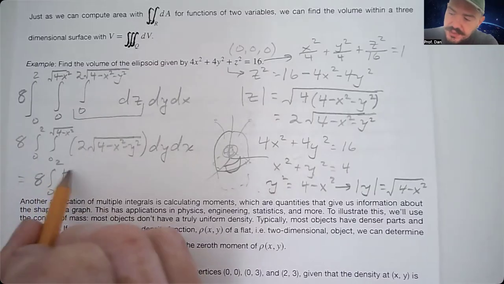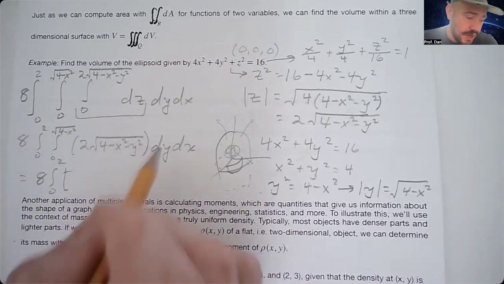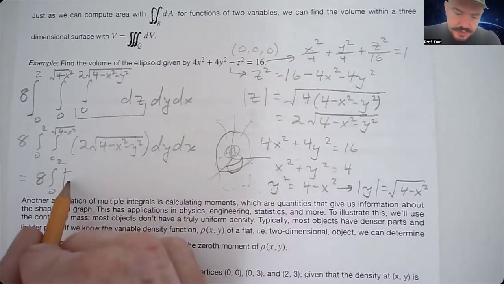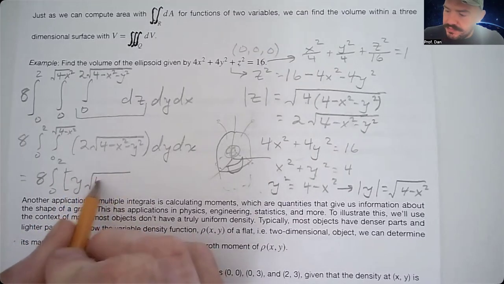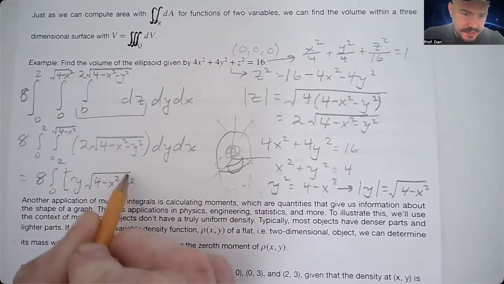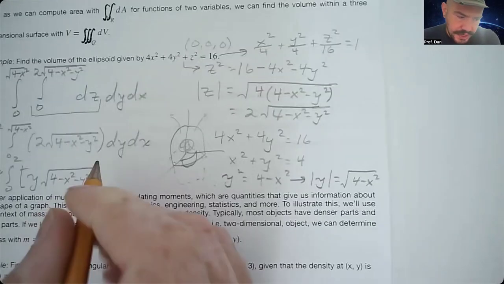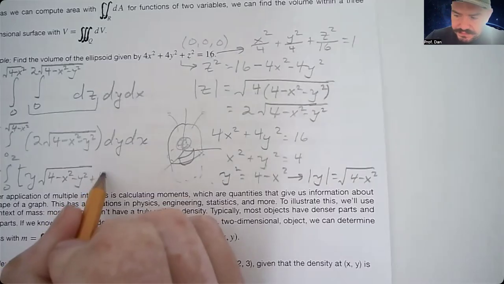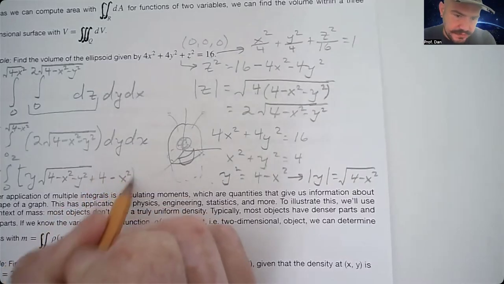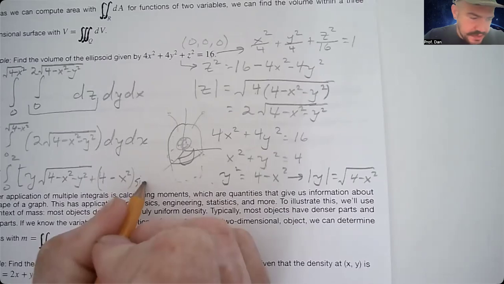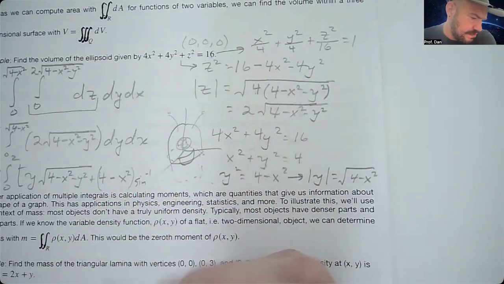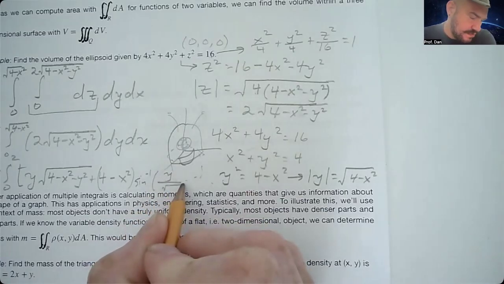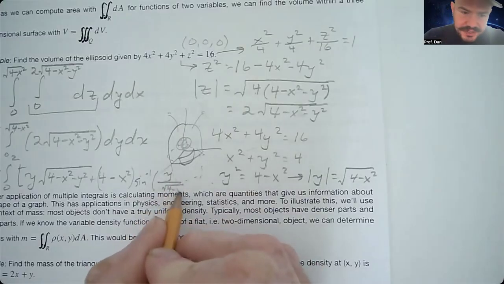The antiderivative of this with respect to y is y times this square root exactly as is, plus 4 minus x squared times inverse sine of y over the square root of 4 minus x squared.